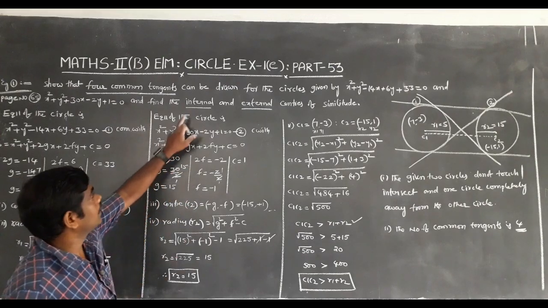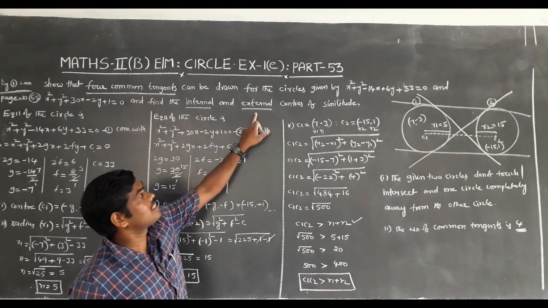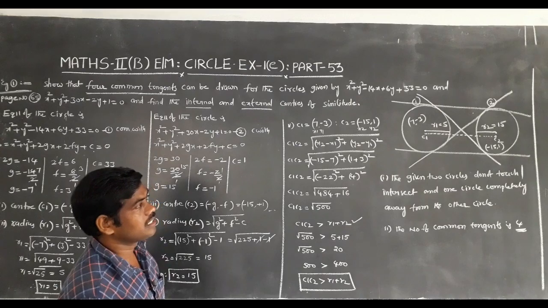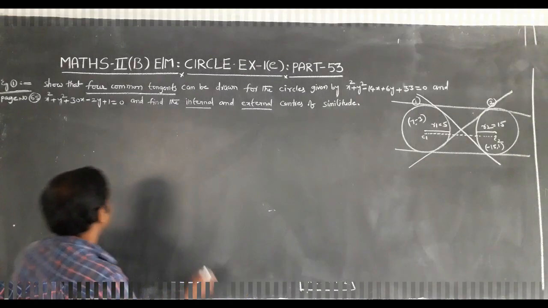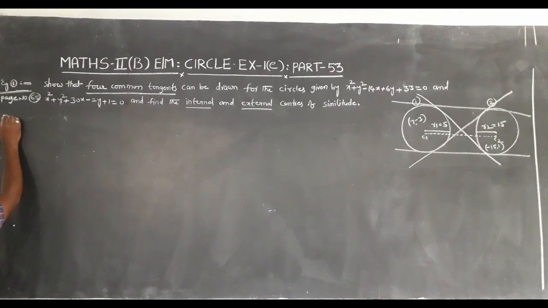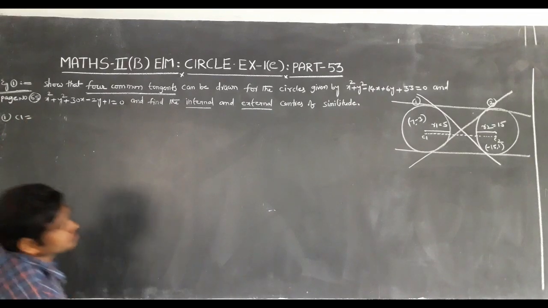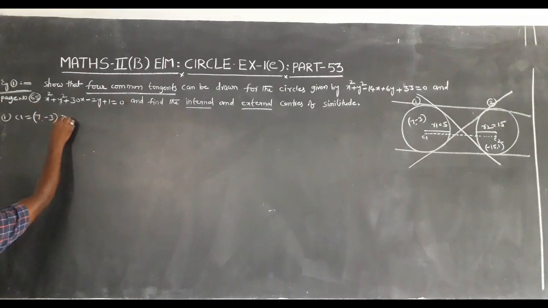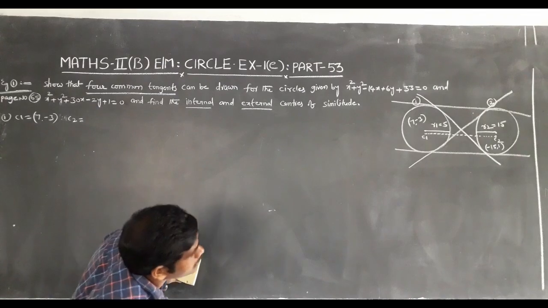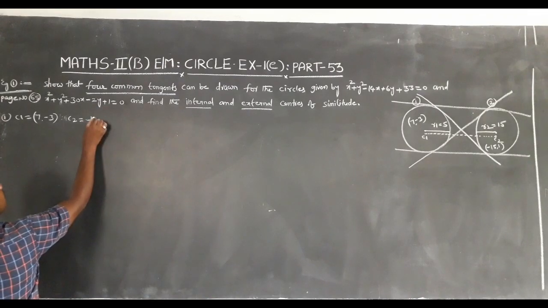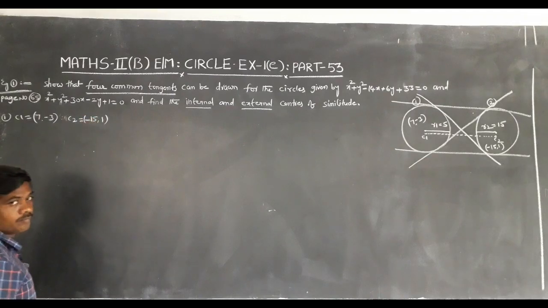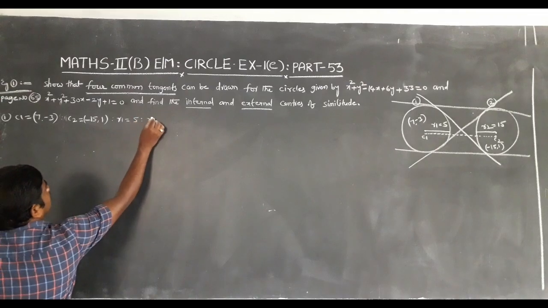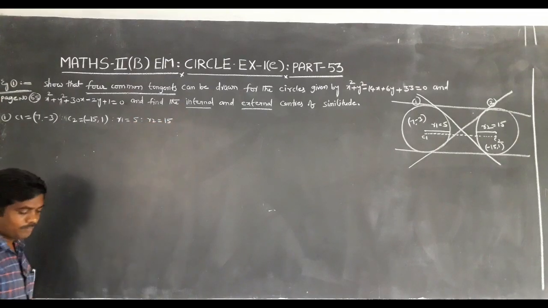Again, find the internal and external centers of similitude. Here C1 is equal to (7, -3), C2 is equal to (-15, 1), R1 is equal to 5, and R2 is equal to 15.